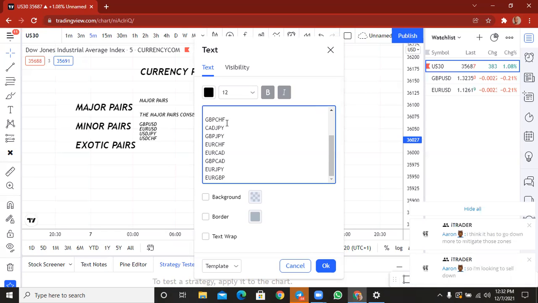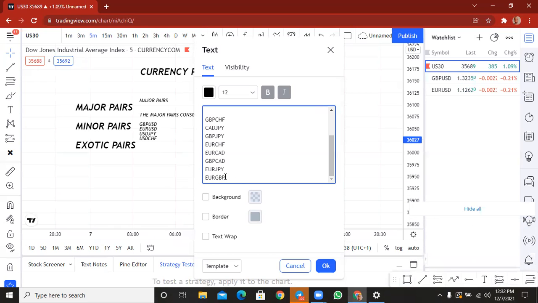We have the JPY. We have the Euro Swiss, Euro Canadian dollar, pound Canadian dollar, Euro Japanese yen, and Euro British pound. Now the pound is higher than the euro, but this is the only case where euro comes before pound. We all know that the highest currency in the world is the pound, second is the euro, and third is the US dollar, right?